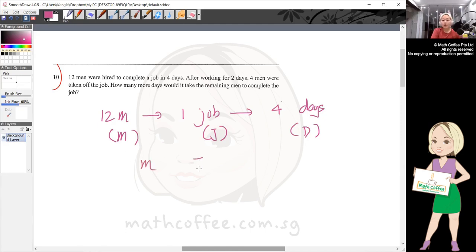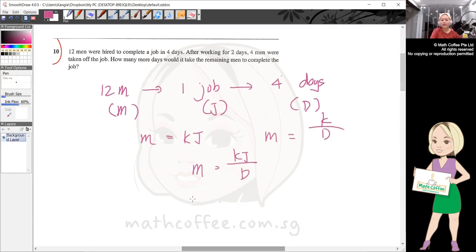So I'm going to use the 3 variables and form my formula first. Man and job: when I have more men, I can do more job. So it's direct, so it's equals to Kj. Then when I have more men, I take lesser days to complete the same job, so it will be K over D. So now it will be M equals to Kj over D. Sub in the numbers to find my K. So I have 12 equals to K, 1 job.